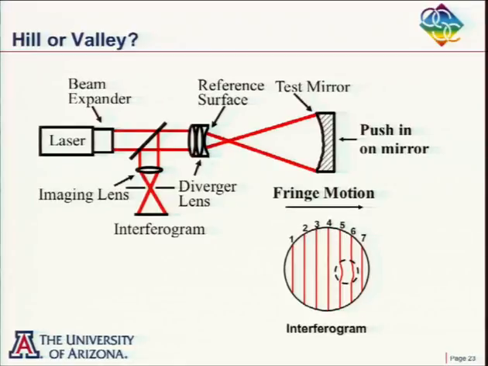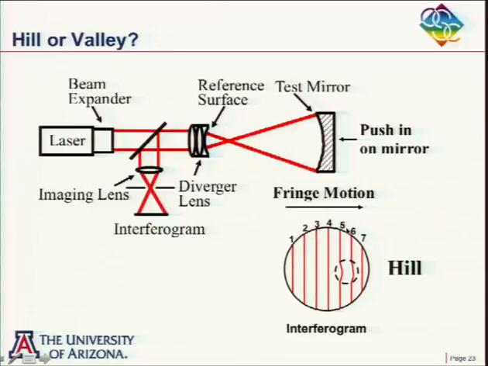But anyway, if you push in on the mirror, that makes the fringes go one way or the other, and let's say they go to the right. So pushing on the mirror is like putting a big bump on the mirror, and so that little region there must be a bump or hill.